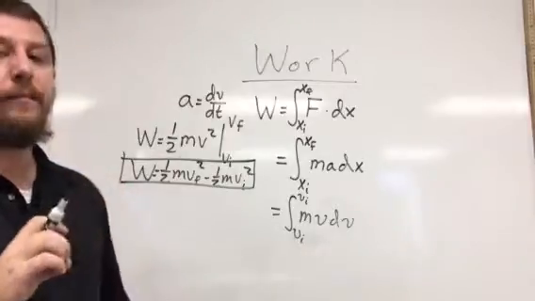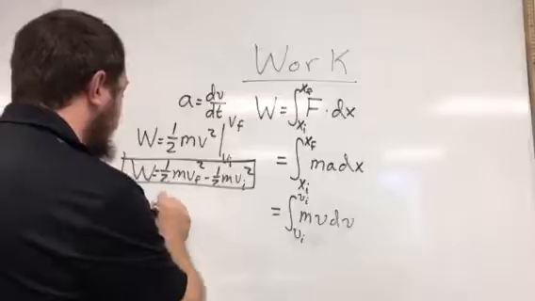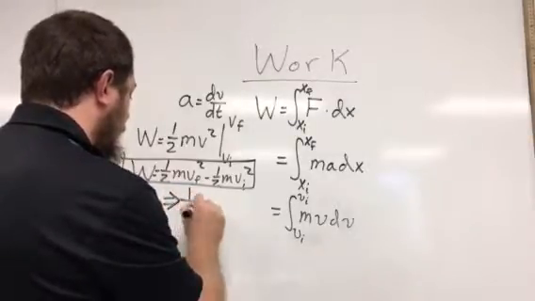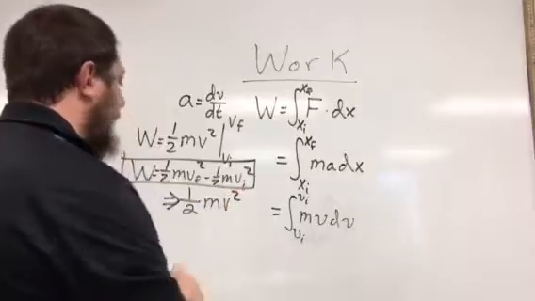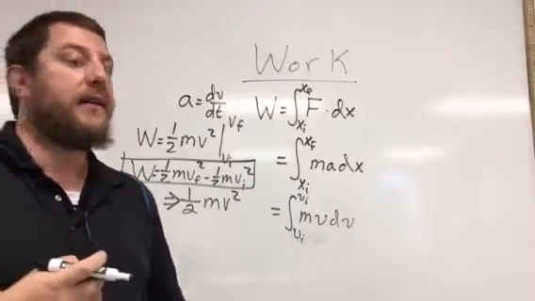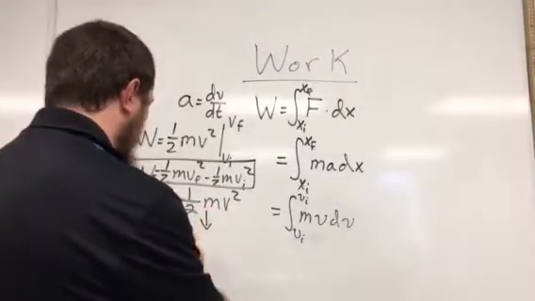Now, why is that important? This is important because we give this quantity, 1/2 mv squared, a special name. That name is kinetic energy.